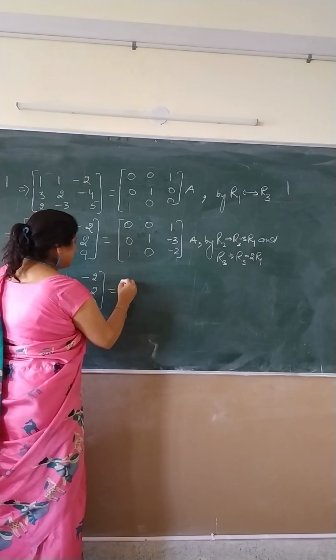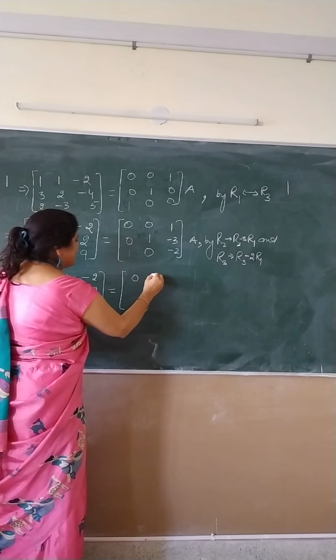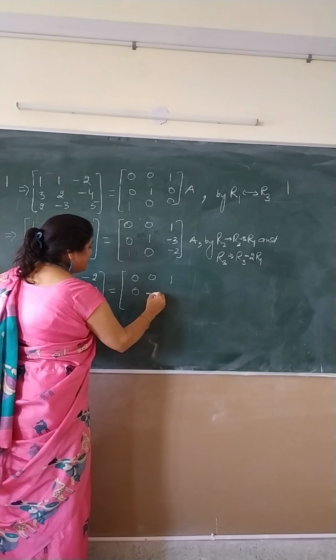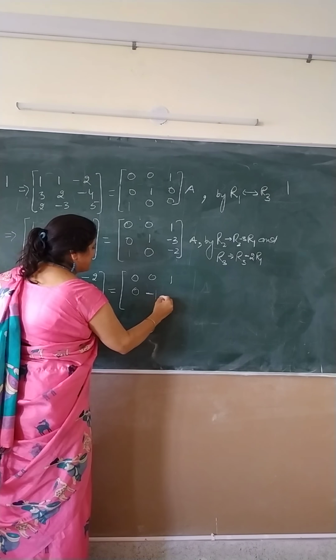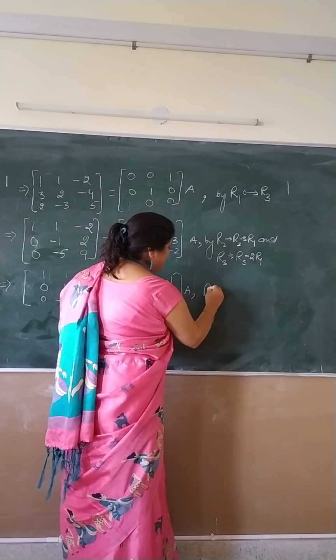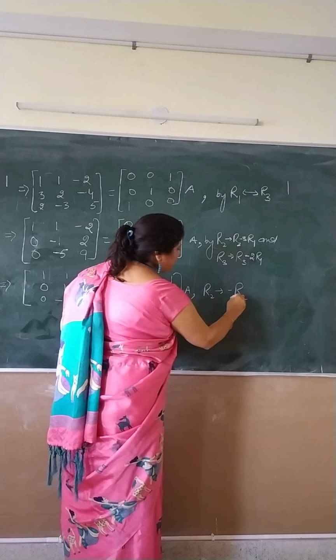And here we are multiplying the second row by minus 1. You will get 0, minus 1, this is 3, 1, 0, minus 2 into matrix A. Here we have applied on R2. Which operation?